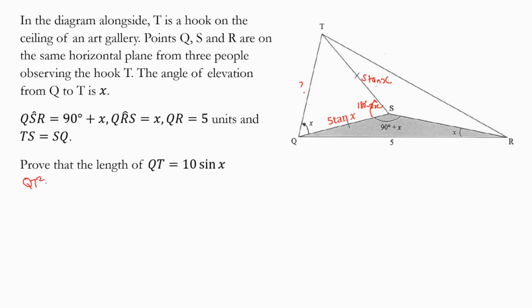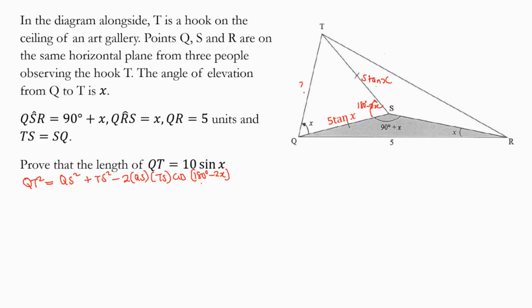QT squared is equal to, besides an included angle here, QS squared plus TS squared minus 2 times QS times TS, and then cos 180 degrees minus 2x. That's the cosine rule there.